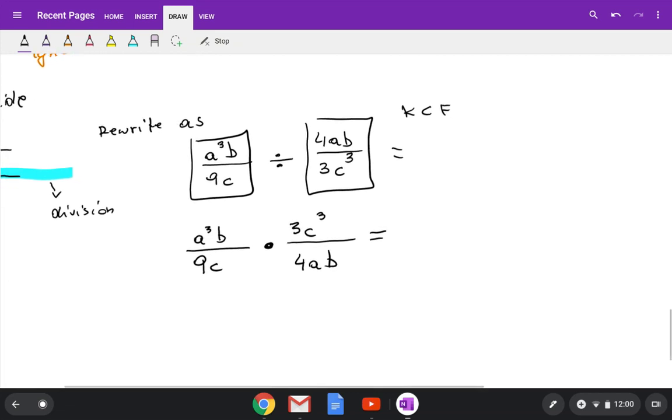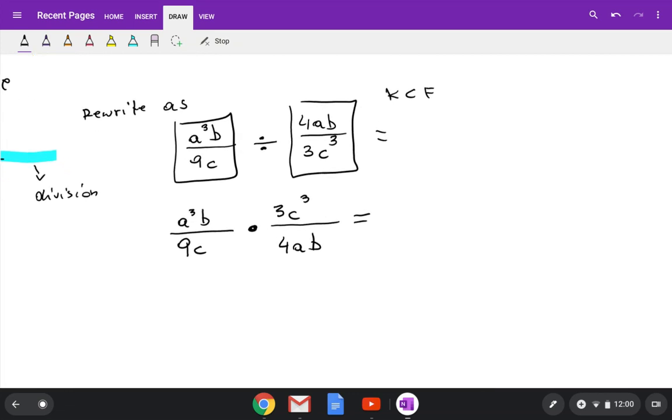Factor each expression. Here it's a nice one. So let's take care of a to the third power b. A to the third power is the same as a times a times a times b over 9c.